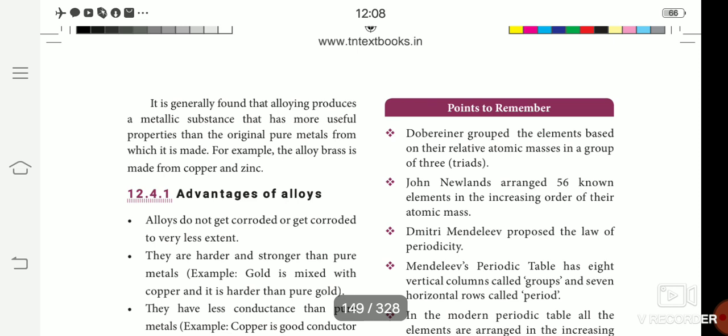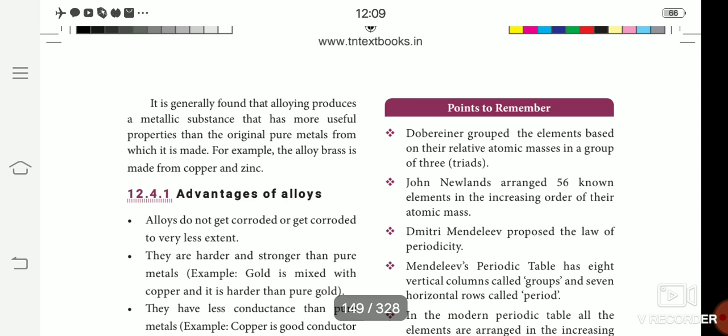Now your homework, all of you write it down. What is hydrogen, its atomic number, and write the hydrogen electronic configuration. Then the metal and non-metal differentiation.